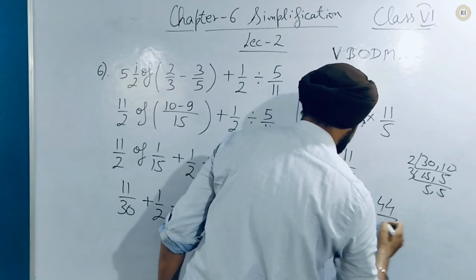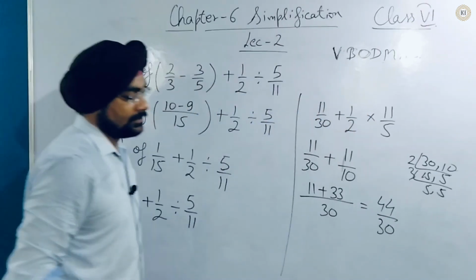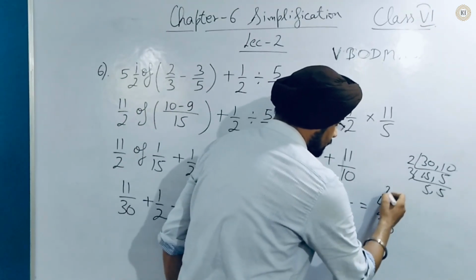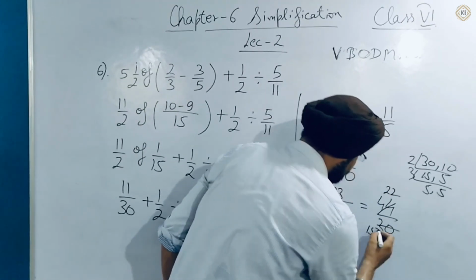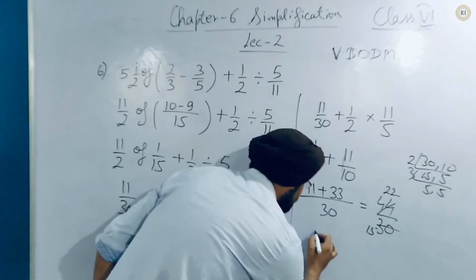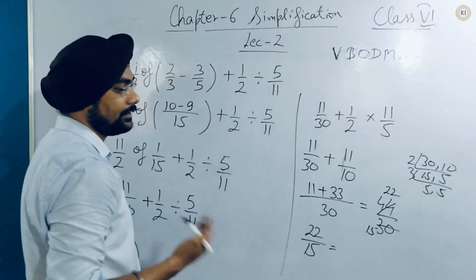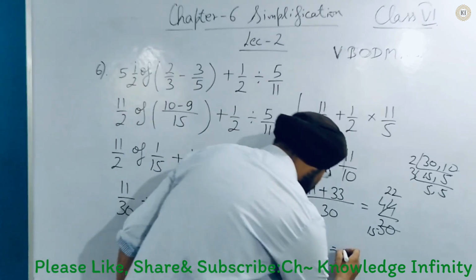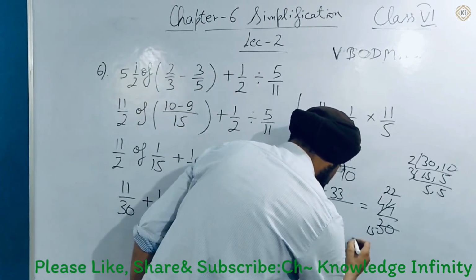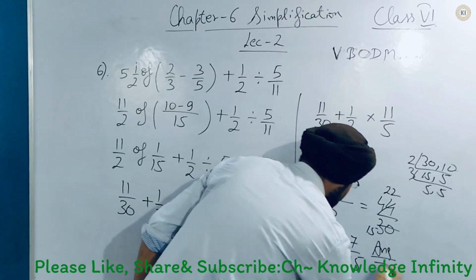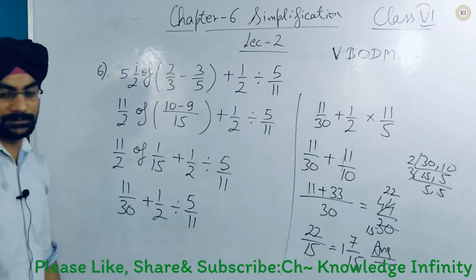So 44 upon 30, you can do it in lowest terms also, it will come 2 times 22, 2 times 15. So it is coming 22 upon 15. At the last we will solve in mixed fraction, it will come 1 whole 7 upon 15, and this will be our answer.